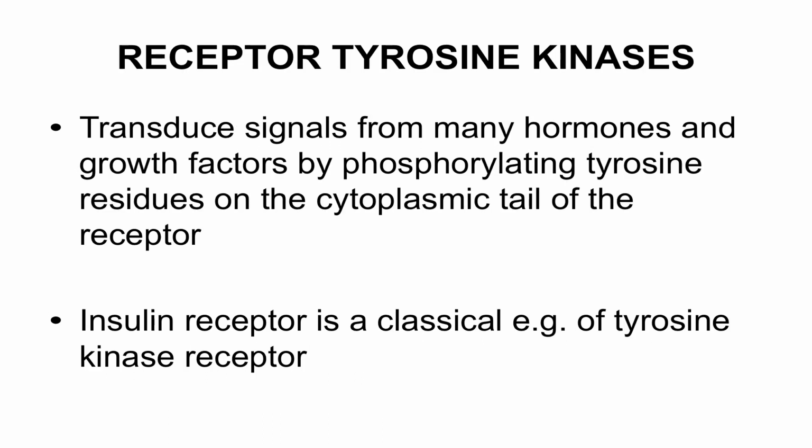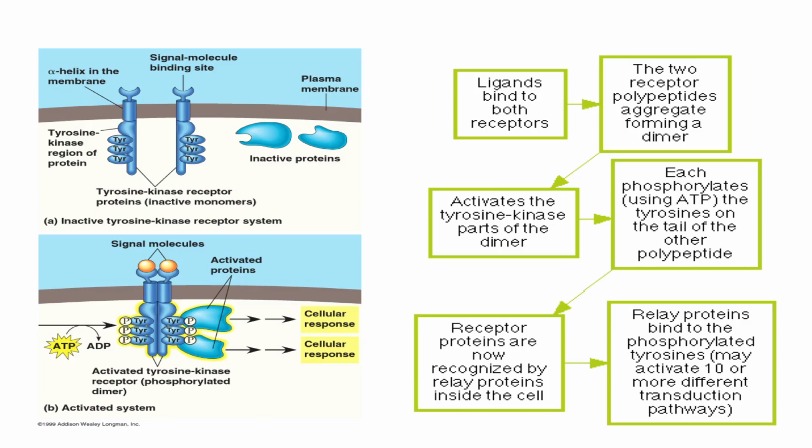And so what actually happens is that, as you can see in that diagram, we have a component outside, what we refer to as the ligand binding site, and then inside we have a component onto which enzymes are attached, and these enzymes are referred to as tyrosine kinases.